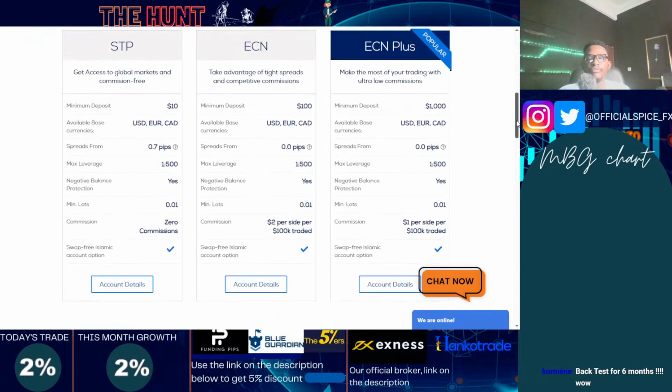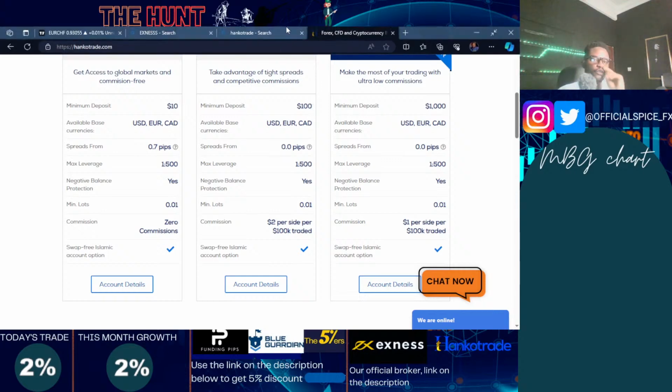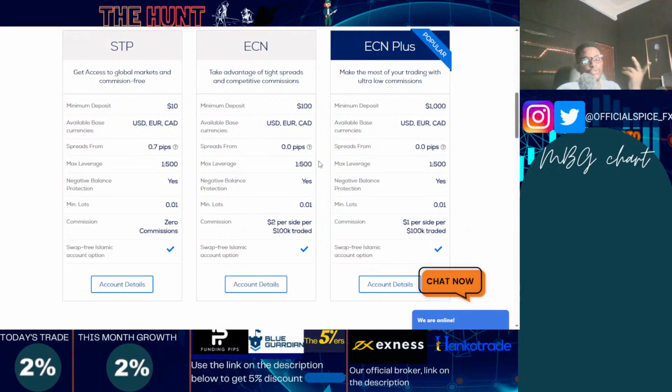The minimum lot size is 0.01 and the leverage is 1 to 500. Exness has unlimited leverage for people who want to scalp, but here they have just 1 to 500, which is also good. The minimum amount you can deposit is $100.